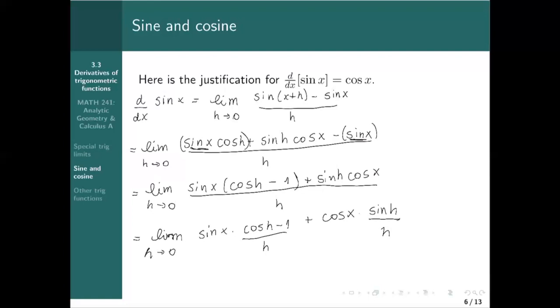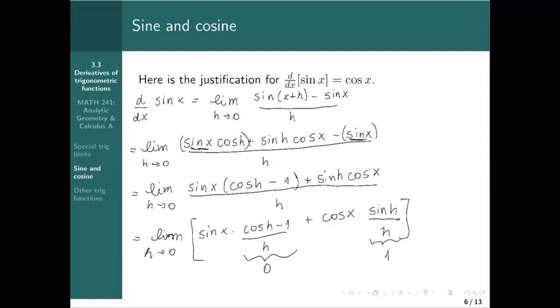Well, we just saw the special trigonometric limits, and we saw that this limit, the limit of cosine of h minus 1 over h as h goes to 0, is going to be 0. And we also saw another special trigonometric limit that says that the limit of sine of h over h as h goes to 0 is equal to 1.